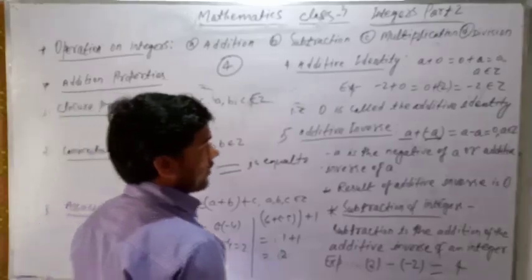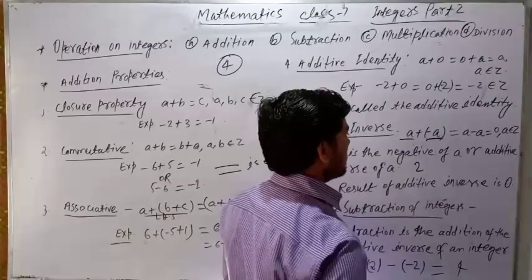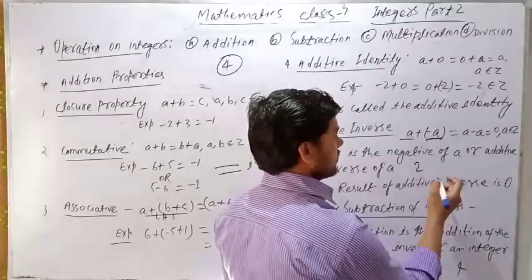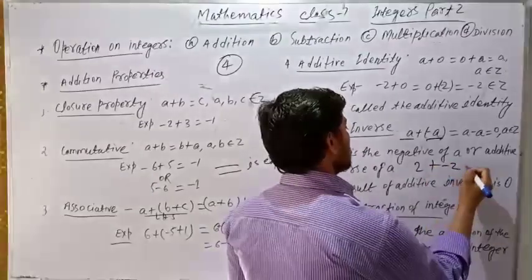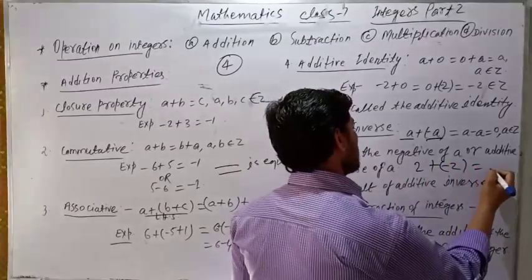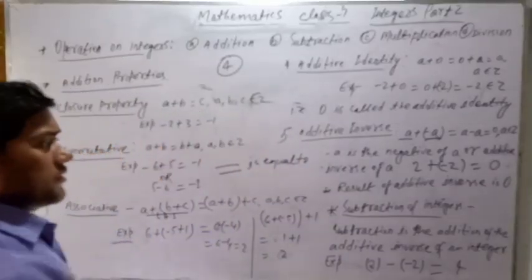As for example, suppose 2 is an integer, its additive inverse is minus 2. If we add, our result is 0.